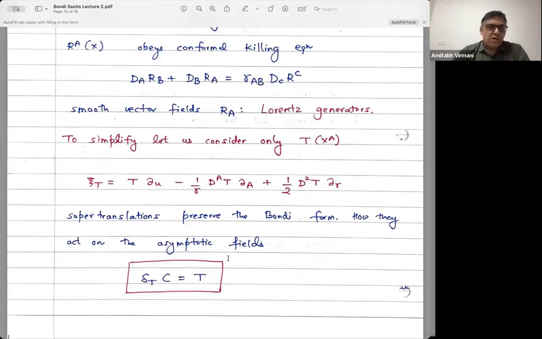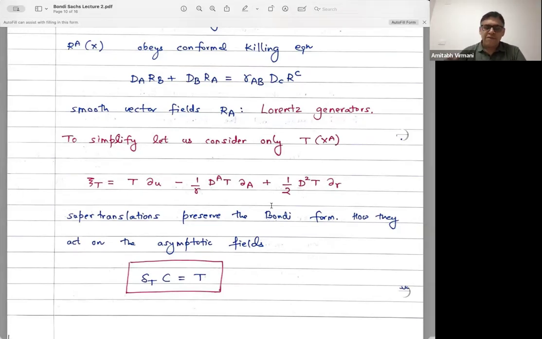Now, why are they called super translations? You can take partial Z, a translation in the Z direction, go to radial coordinates r theta phi, and then convert into u r theta phi coordinates. If you do that exercise, you will see that partial Z takes this form: cosine theta del u minus 1 over r divergence of cosine theta del a plus 1/2 Laplacian acting on cosine theta del r.